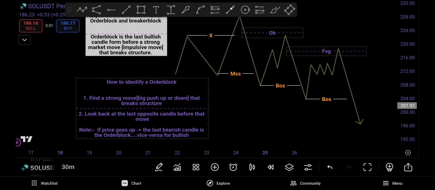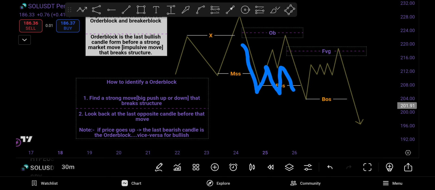Good. Let's say this was the big move that occurred that created a break of structure over here. And the market is already moving. Since it's a downtrend, it's already creating lower high, lower low, lower high, lower low, lower high, lower low.